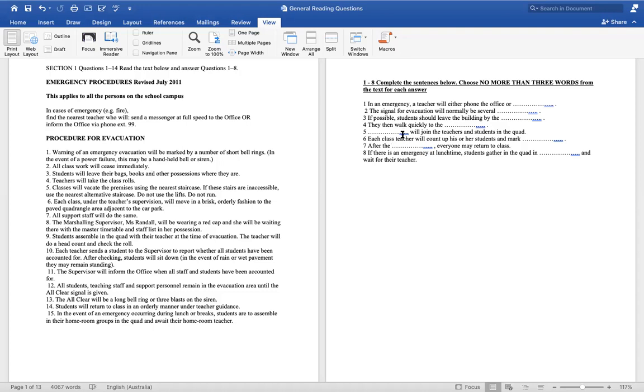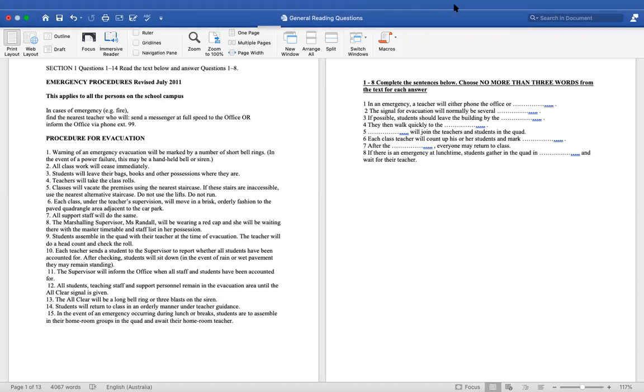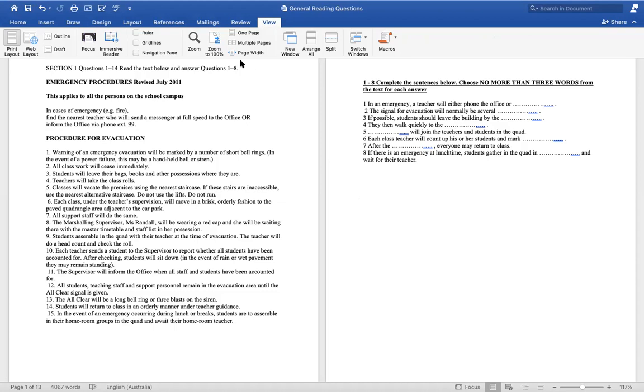Then dash will join the teachers and students in the quad. So who will join the teachers and students in the quad? What did you write, Rajesh? Marshalling supervisor. Yes, the marshalling supervisor is correct. Then each class teacher will count up his or her students and mark dash.